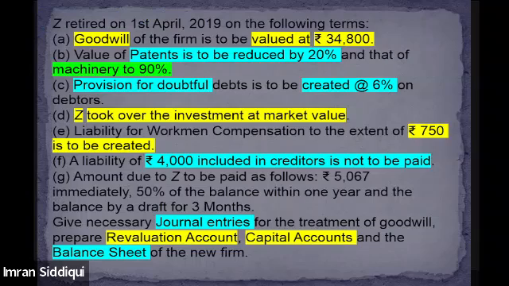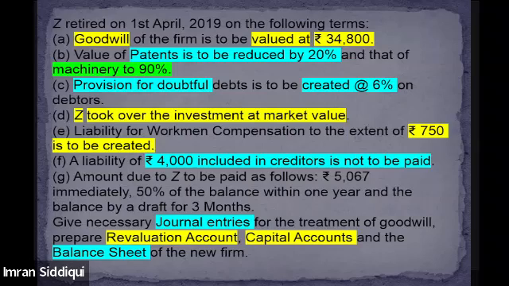Z took over the investment at market value. Liability for workmen compensation to the extent of 750 is to be created. A liability of 4,000 included in creditors is not to be paid. The amount due to Z is to be paid as follows: 5,067 immediately, 50% of the balance within 1 year, and the balance via draft for 3 months.